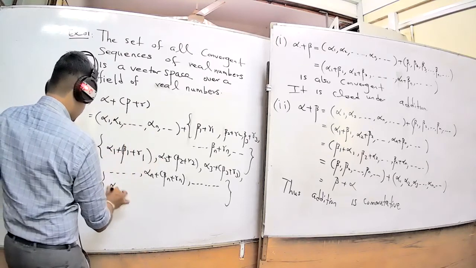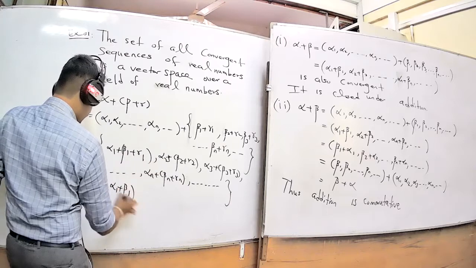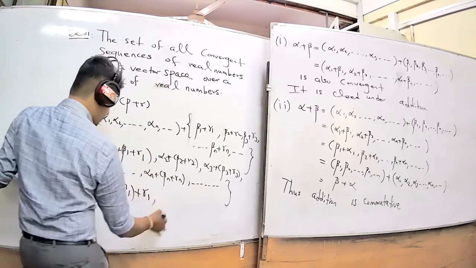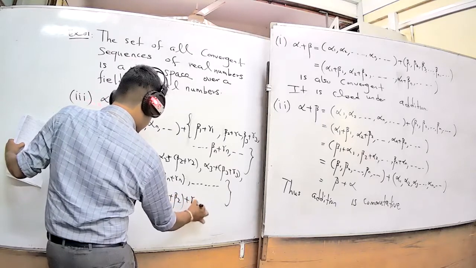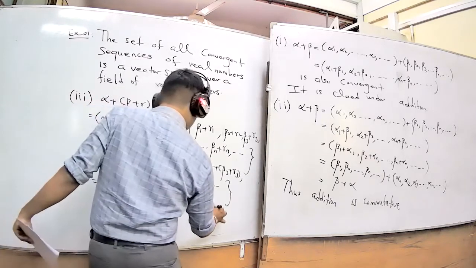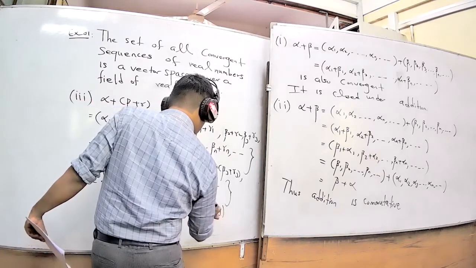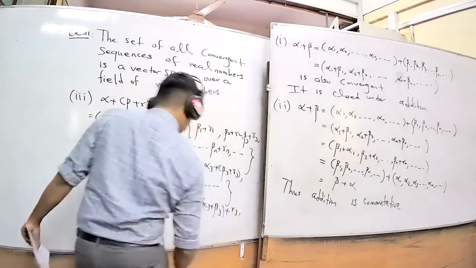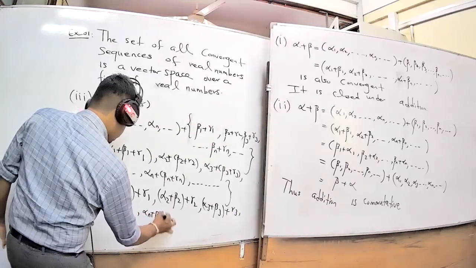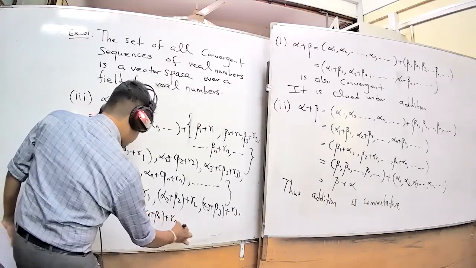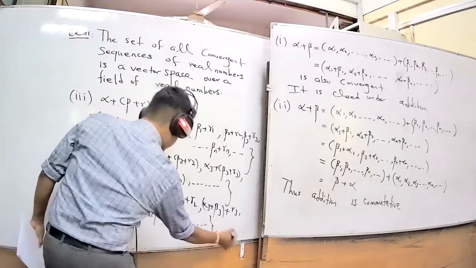Then you will write alpha 1 plus beta 1 plus gamma 1, alpha 2 plus beta 2 plus gamma 2, alpha 3 plus beta 3 plus gamma 3 and so on, alpha n, beta n, gamma n and so on.